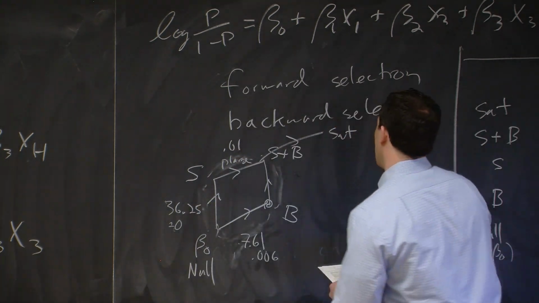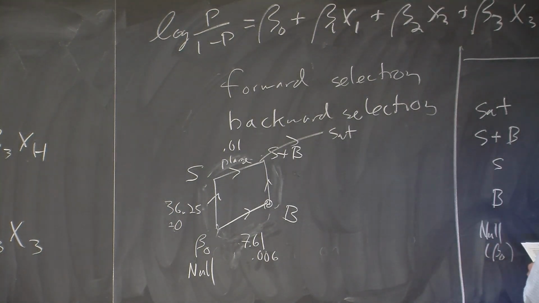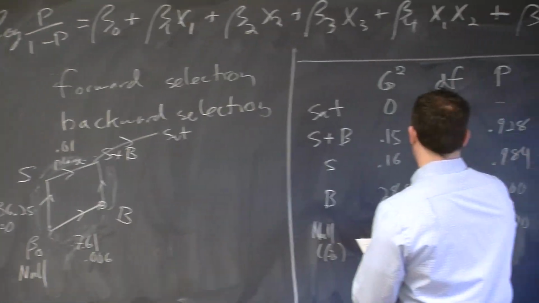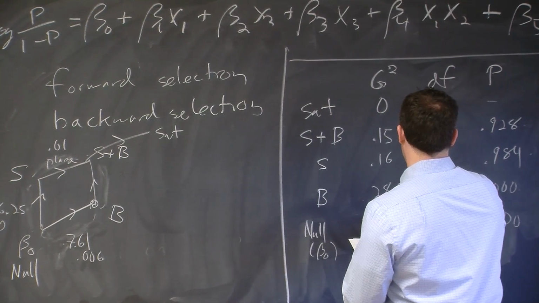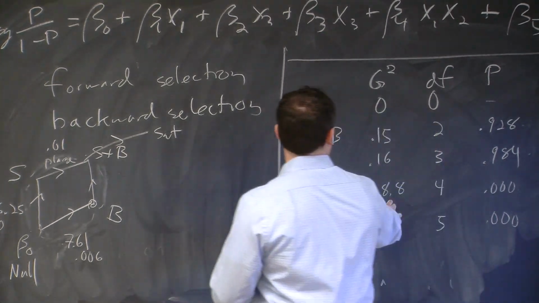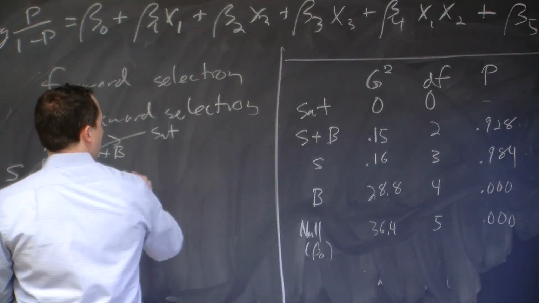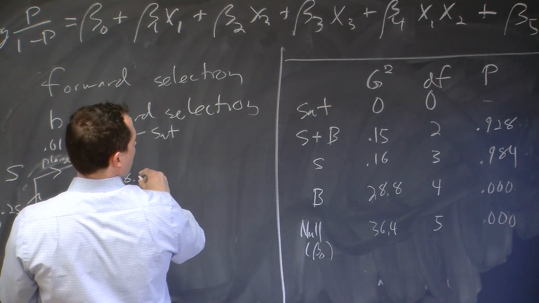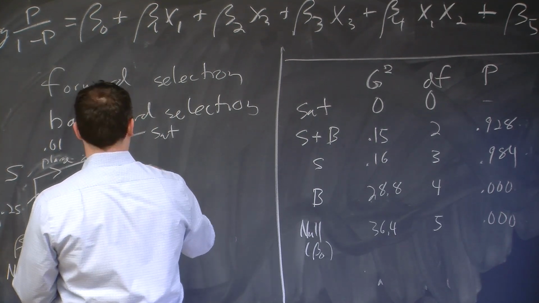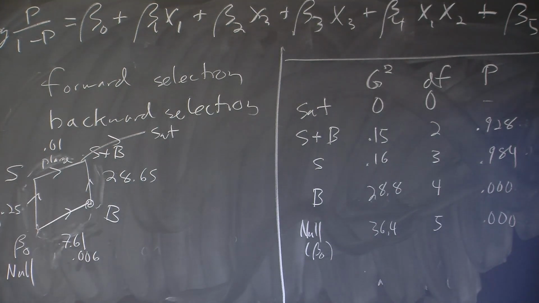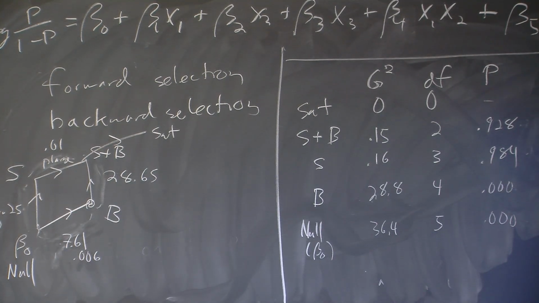Well, we can figure it out. Going from B to S is going to be 28.65. So those are the numbers we want to look at.